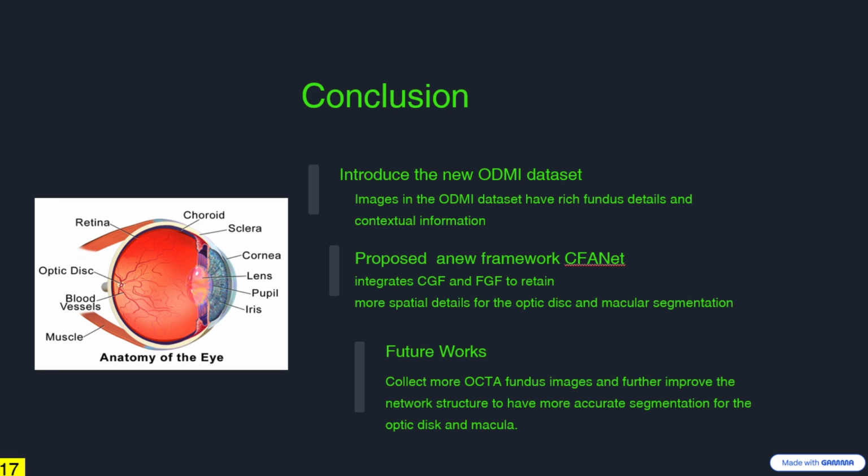This paper also proposed a new framework named CFA-Net that integrates the CGF, coarse-grained features, and the FGF, fine-grained features, to retain more spatial details for the optic disc and macular segmentation. For future work, the researchers will collect more OCTA fundus images and further improve the network structure to achieve more accurate and better segmentation for the optic disc and the macula.